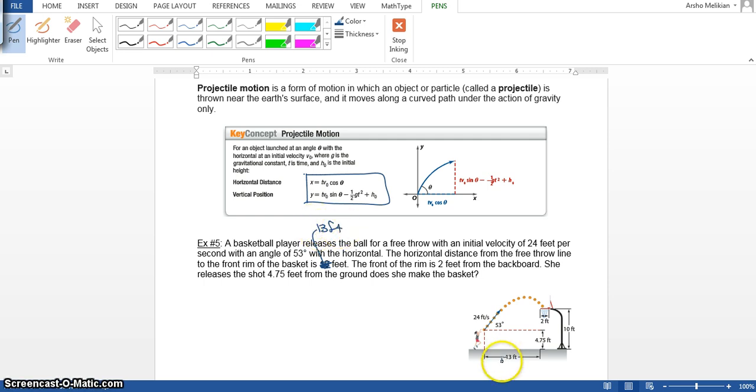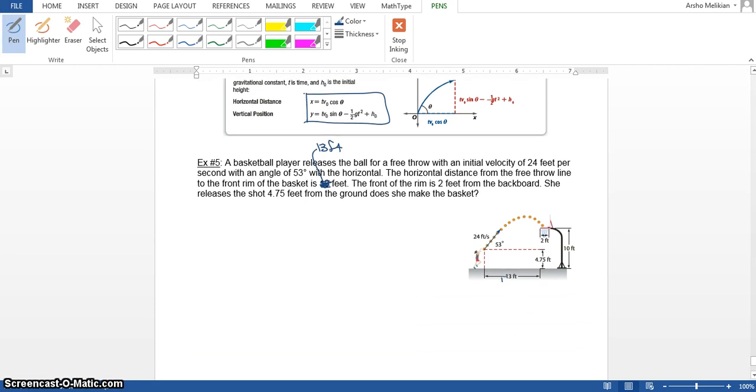So a basketball player releases the ball at an angle of 53 degrees with an initial velocity of 24 feet per second. This is the configuration of the basket. The hoop is here, 10 feet above the ground, and the rim is 13 feet away from the player. We want to see if she's going to make the basket.